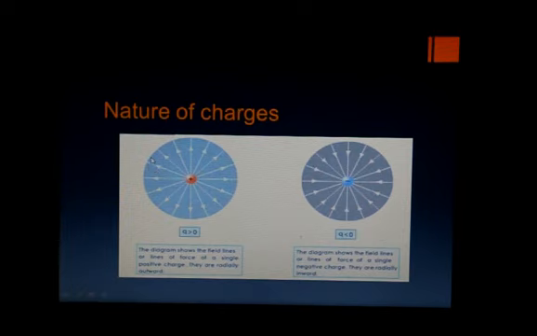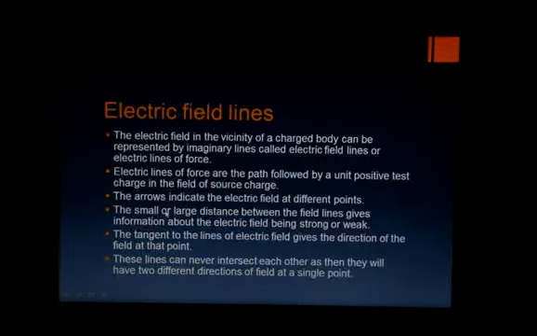You notice that the distance between the lines increases. So the strength of the field becomes weaker here as compared to this region. Here the field is stronger. As we move away, the field becomes weaker.